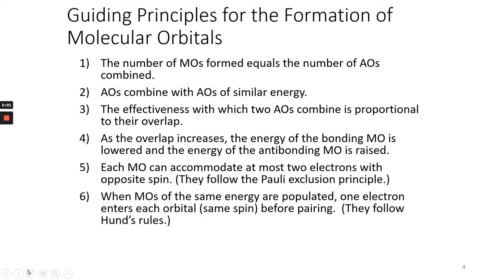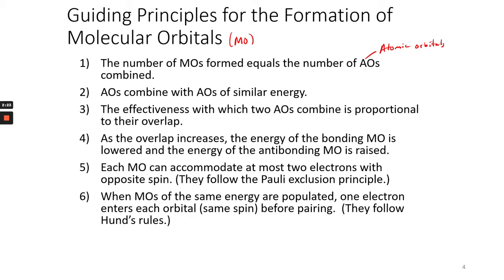So what are the guiding principles for the formation of molecular orbitals? The number of molecular orbitals, and we're going to abbreviate molecular orbitals MO and atomic orbitals AO, formed will equal your atomic orbitals.